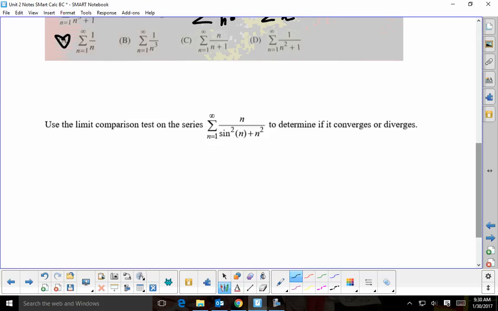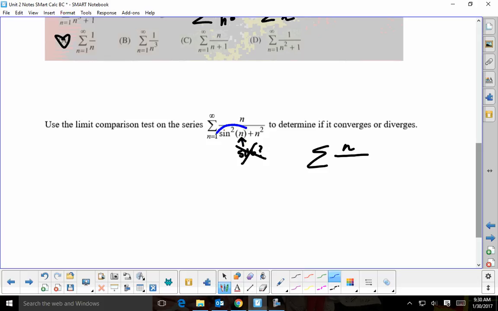Now, a lot of times we do a substitution when we have the sines and cosines. But in this case, we're not going to do a substitution because it's not a fraction. It's just the n to begin with. And in fact, if I look at this, what's the biggest on the top? n. What's the biggest on the bottom?